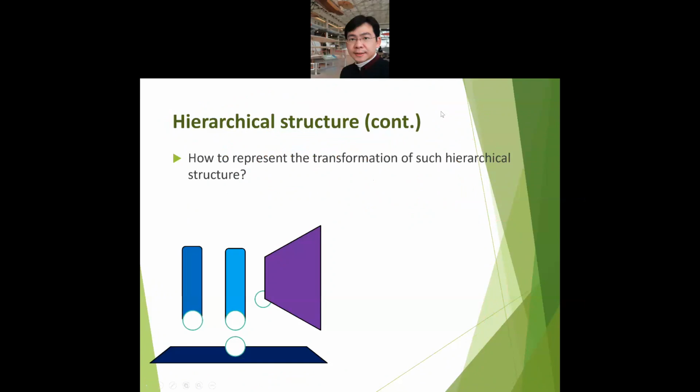Okay, so our next step is we try to construct this kind of hierarchical structure. In the following discussions, we assume that all our objects have some points at the origin, right? So we assume that this white dot or circle is originally aligned with the root. For instance, this part is at the origin.